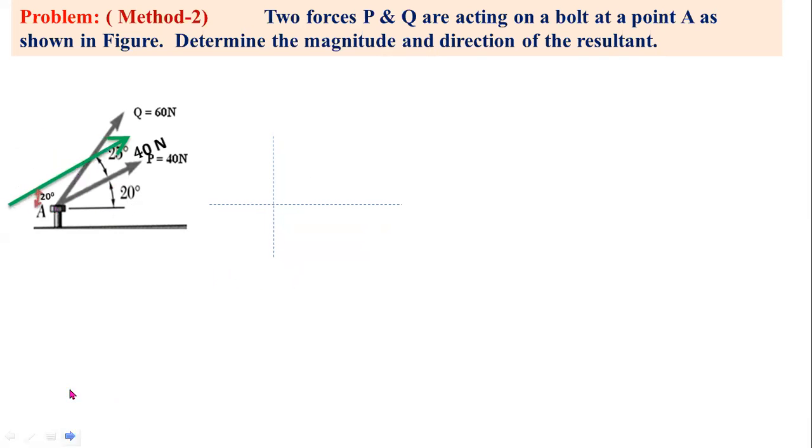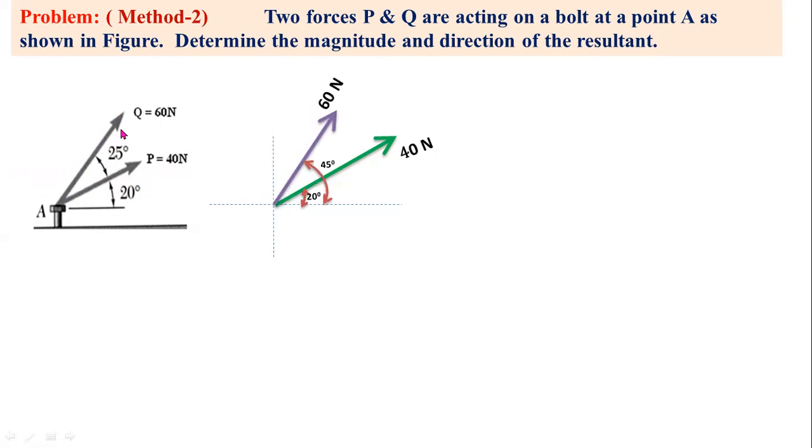Here this is the given force P equal to 40 newtons, and the direction of this force of 40 newtons is 20 degrees. This is the force Q, 60 newtons, and 45 degrees is the direction of the force Q with respect to the x-axis.